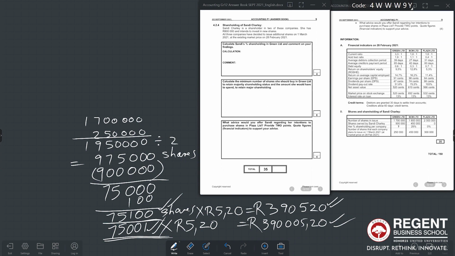So basically, you're going to tell her, you can look at the ratios, you're going to talk about the net asset value, very little demand, that means demand is dropping for the shares, and then you're going to talk about the dependence on borrowed funds. If they ask what advice you would give her, you're going to tell her that maybe it's not a good idea to buy those shares. It may not be a very good idea for her to spend her money on those shares.